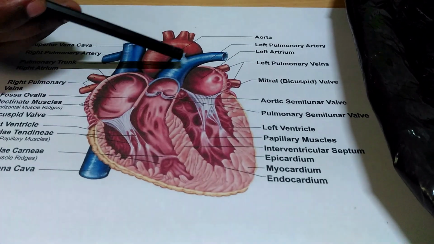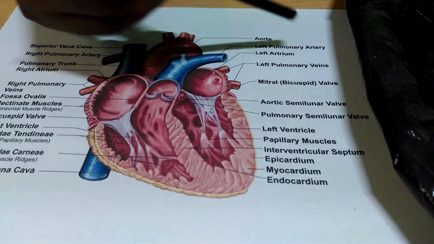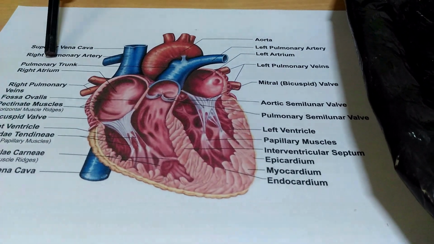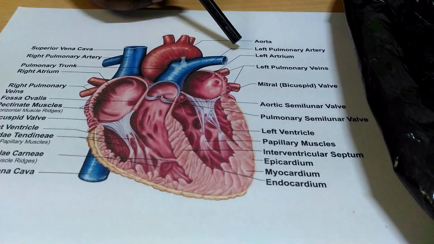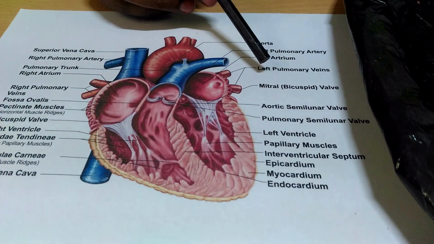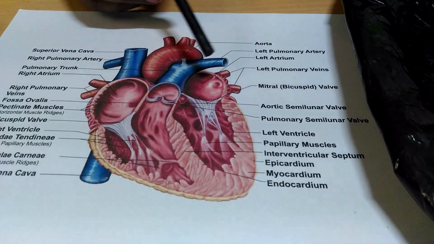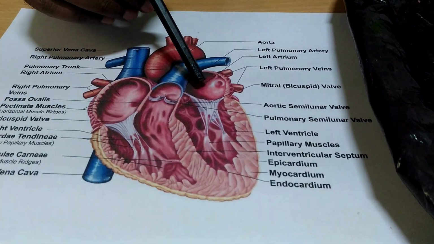This pulmonary artery divides into two. The left side will enter the left lung, and the right side will enter the right lung. Inside the lung, the blood is oxygenated, and the oxygenated blood will enter the heart through the pulmonary veins. So it will reach this left atrium.